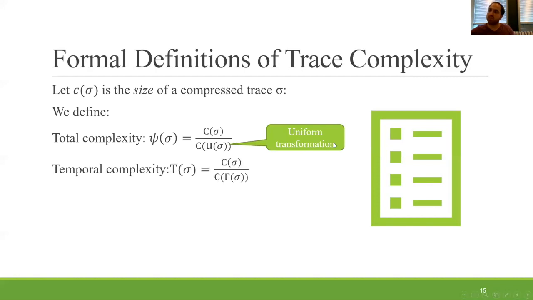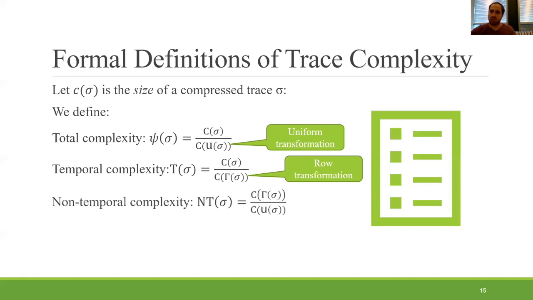This is the ratio of a trace which contains all of the structure to a raw randomized trace, which contains only non-temporal structure, which gives us the temporal complexity. And finally, the non-temporal complexity is defined as the ratio of the raw randomized trace to the uniform trace.